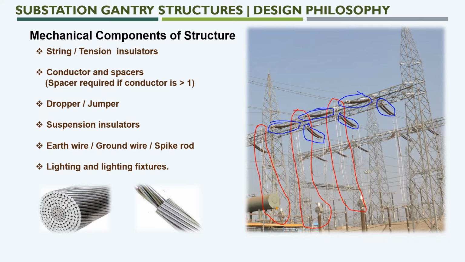So for that we need to consider the dead weight and wind acting on the lighting fixtures and the lights. The earth wire or ground wire generally should be fixed on the top of the tower, but in this case a spike rod is provided.